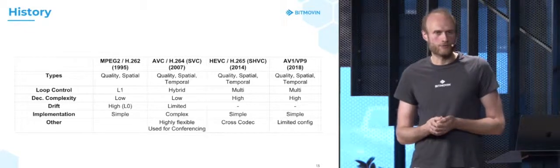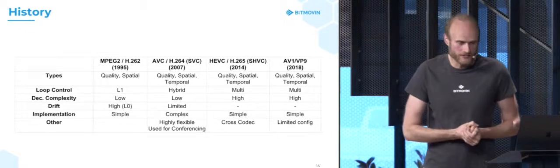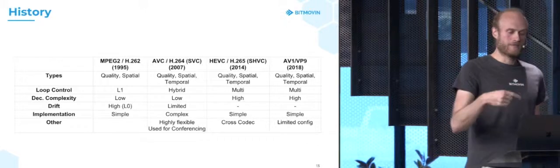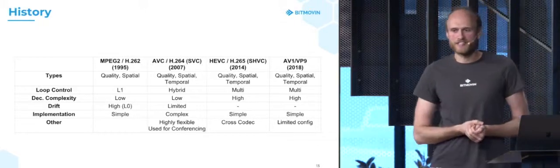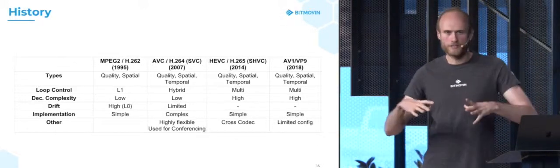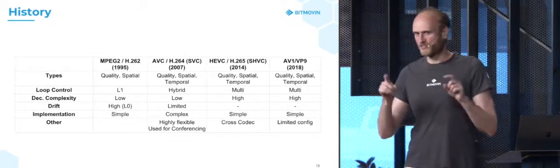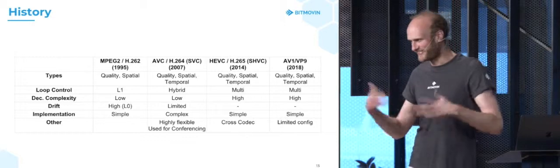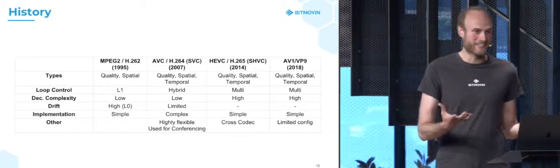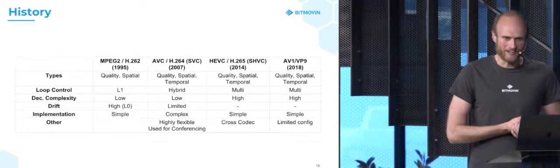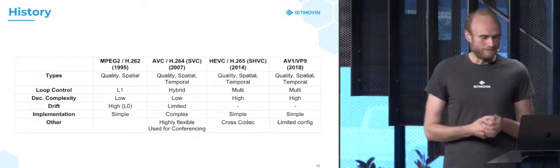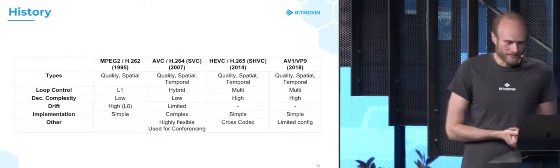The scalable extension was called SVC. Then there's HEVC, which has a scalable extension named SHVC, and then there's AV1 and VP9. I put them together because technically they are very much the same from the scalability standpoint. Everything else changed a lot, but from the scalability standpoint, they are very, very alike. So let's start with MPEG-2.